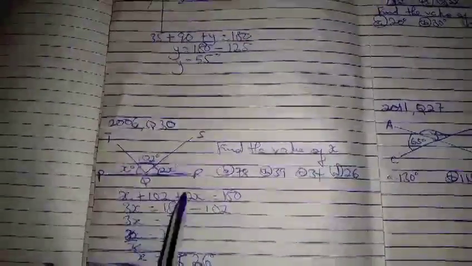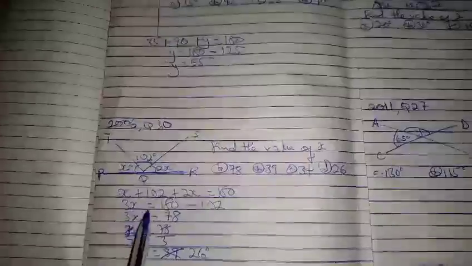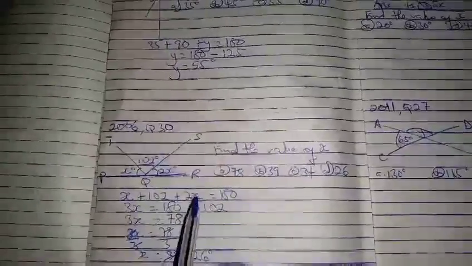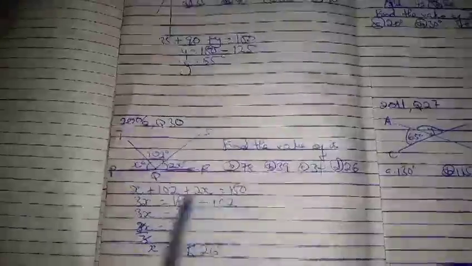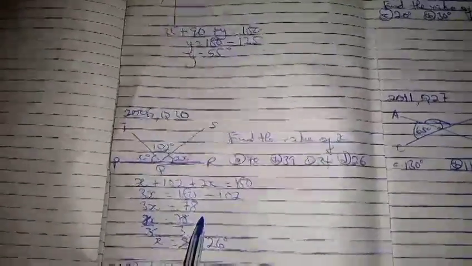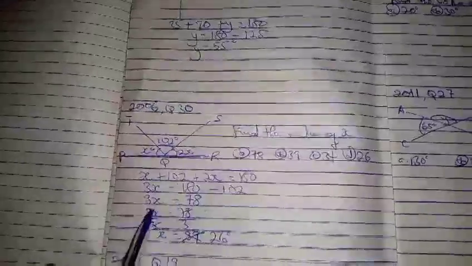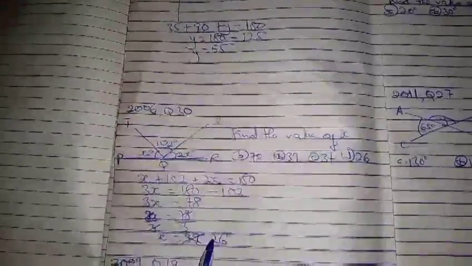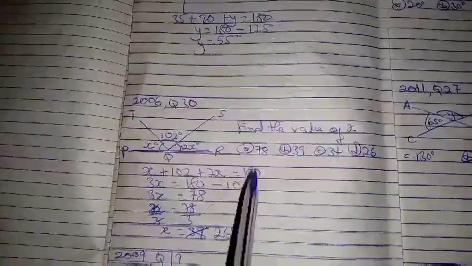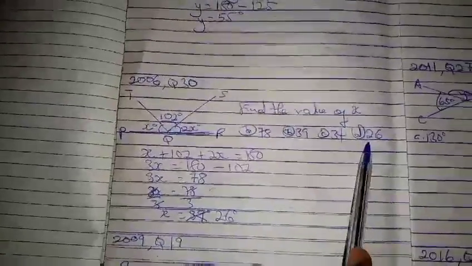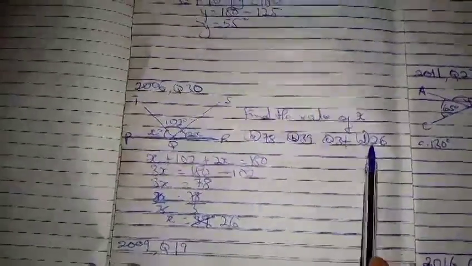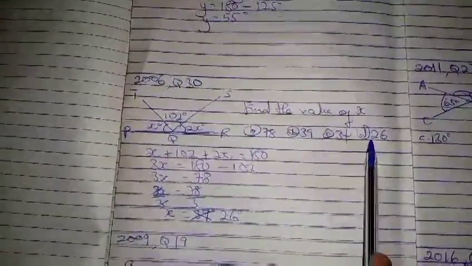You add x and 2x, you get 3x, which is equal to 180 minus 102. Subtracting 102 from 180, you get 78. Then you divide both sides by 3, and the answer is 26 degrees. So the answer is D for 2006 question number 30.